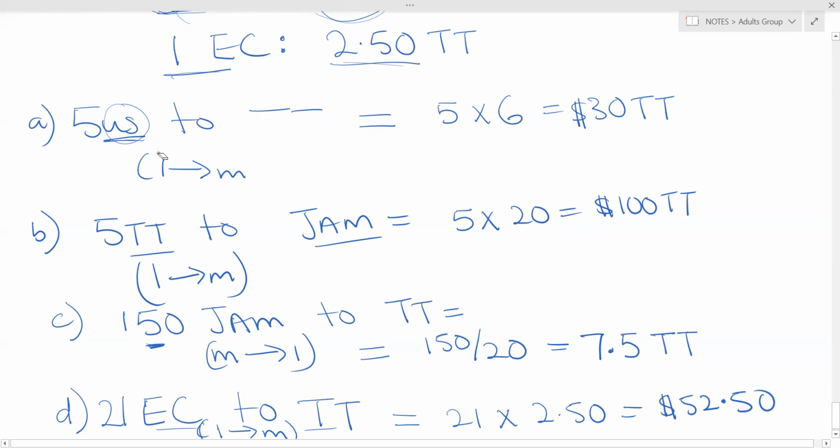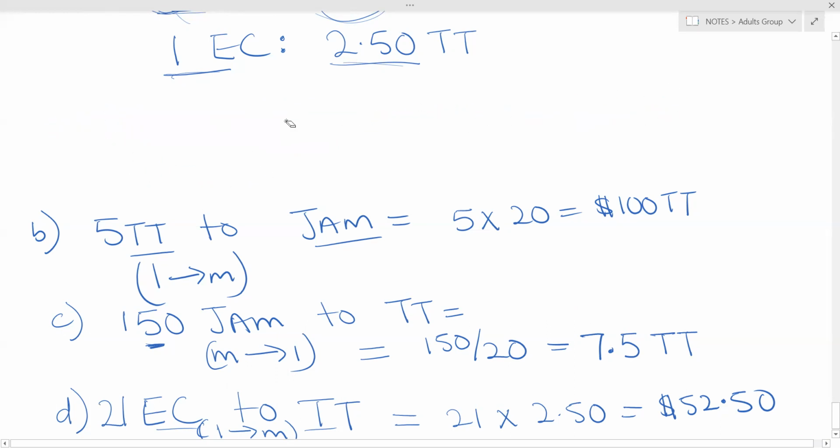Erasing the top. Let's say I have 100 TT to EC. What type of relationship is this? Many to one or one to many? So we're going from TT to EC, which is a what type of relationship?